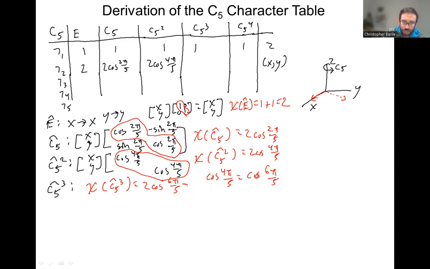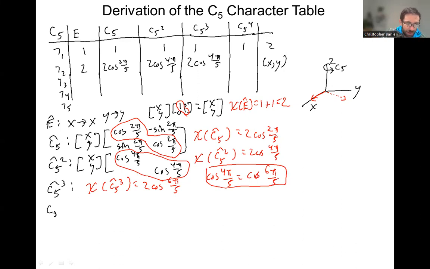And so we're just going to write this as 2 cosine 4 pi over 5. And that'll simplify things. We'll have the whole character table in cosine 4 pi over 5s and cosine 2 pi over 5s in the end, before the imaginary number part.